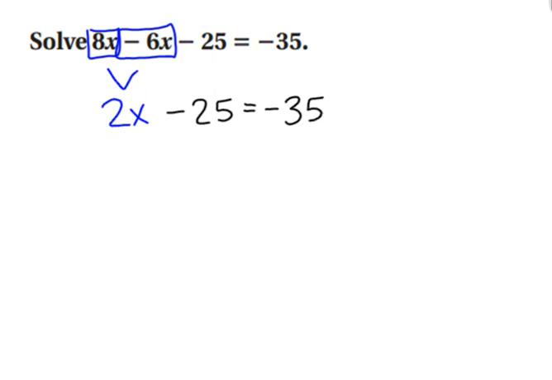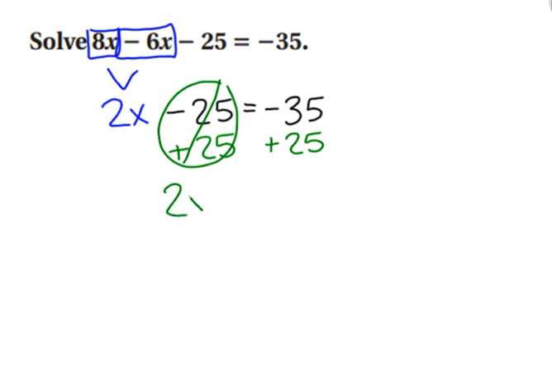All right, two-step equation. Next, add 25 to both sides. There's your zero pairs. So we'll get 2x equals negative 10. And then lastly, divide both sides by 2. So x is equal to negative 5.